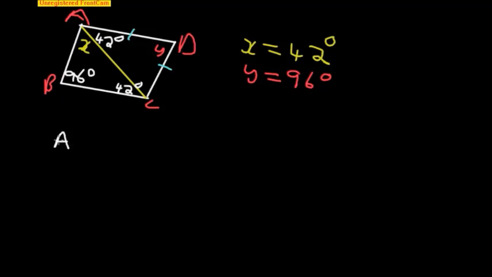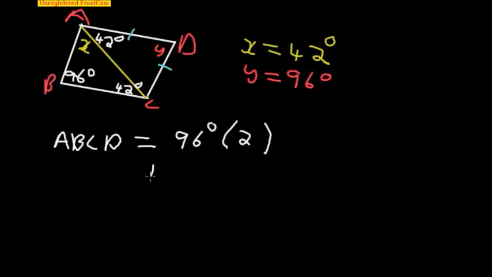So what we know is that A, B, C, D has 96 degrees, but there are two of those angles of 96 degrees, so we can multiply 96 by 2.